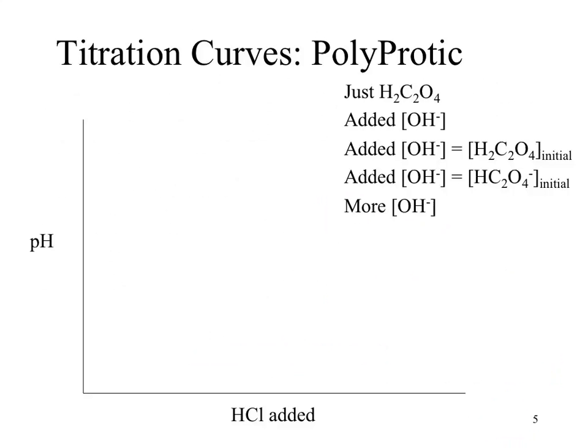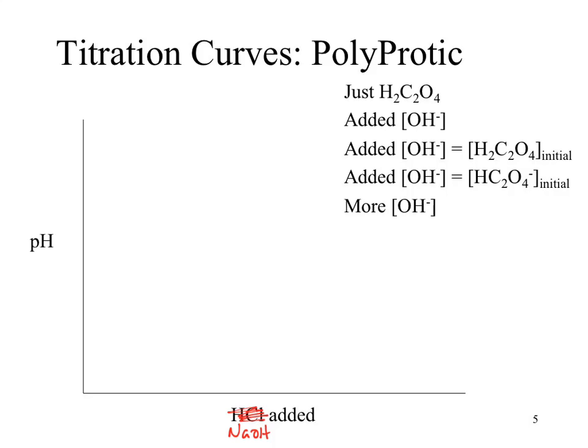Okay? So the first thing I want to do is actually look at what's known as a titration curve. So we're going to start with oxalic acid. What would I expect for the pH if I had oxalic acid? What should the pH value be?